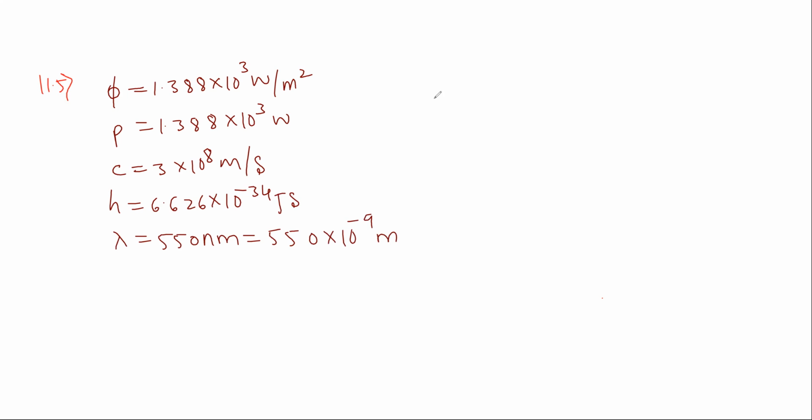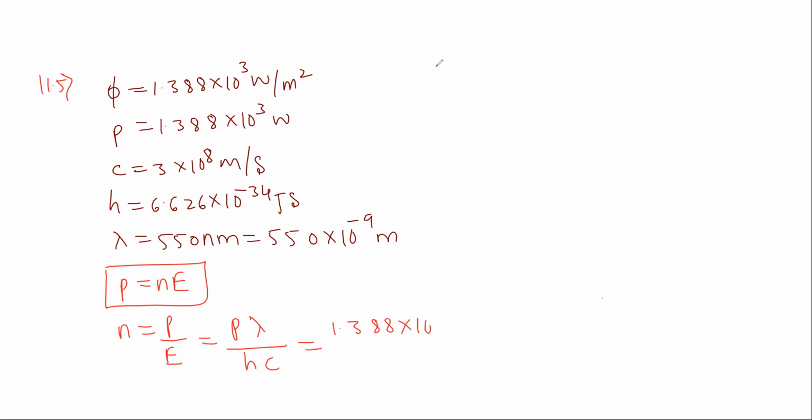Let the number of photons per square meter incident on the earth per second be n. The equation of power can be written as P is equal to n into E. Using this formula, n is calculated by P divided by E, which is P into lambda divided by hc, since E is hc by lambda. Substitute the values: 1.388 into 10 to the power of 3 into 550 into 10 to the power of minus 9 divided by 6.626 into 10 to the power of minus 34 into 3 into 10 to the power of 8.